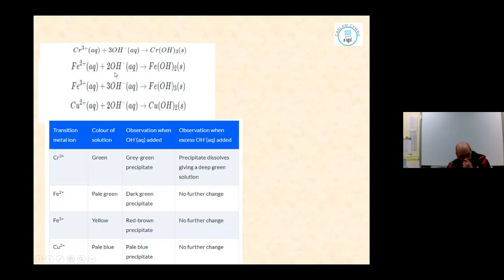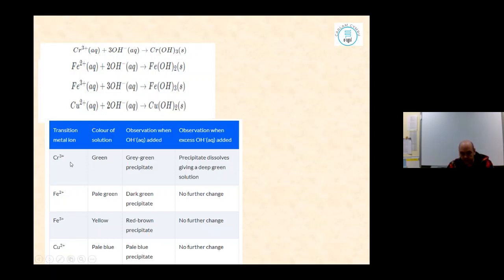So writing these precipitation reactions is quite easy to do. You just need to look at the charge of the species that you're adding to the water, and then just add enough hydroxide ions to get rid of that charge, and then you've got your precipitates formed. And again, very sorry, you're going to have to learn these colours.